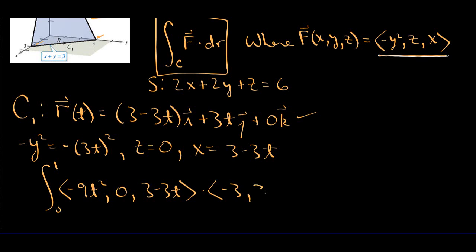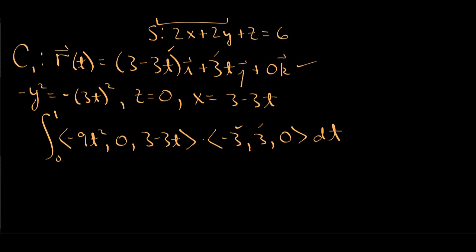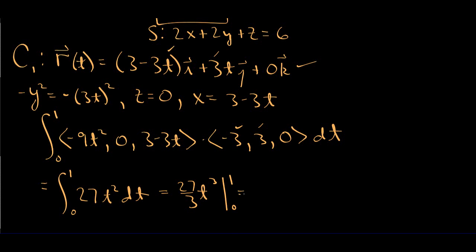The y is 3, and the z is 0. So notice I have the negative 3 from this, the 3 from this, and then the 0. Now all we have to do is do the dot product and evaluate this. And here's what we get. It looks like this is just going to be 27t squared dt. Or, if we evaluate it, we get 27 over 3 t cubed from 0 to 1, and that's just 9.